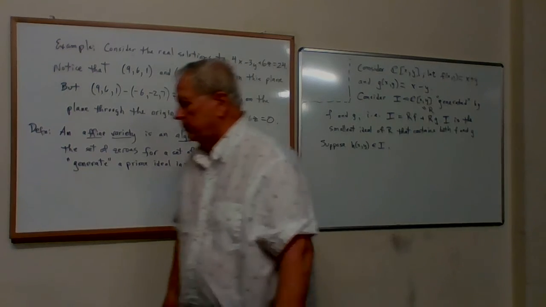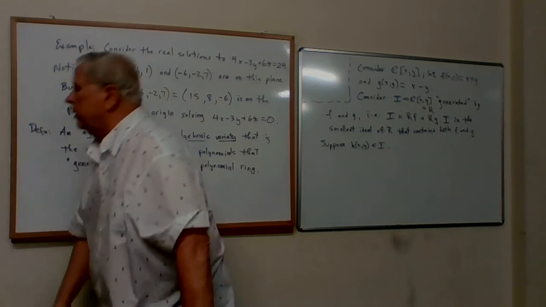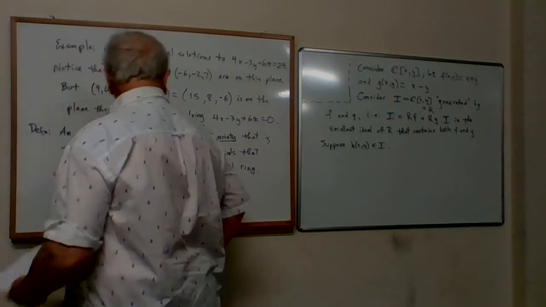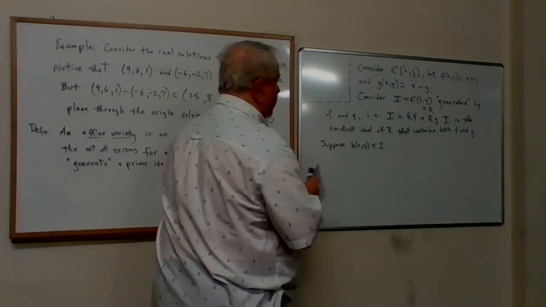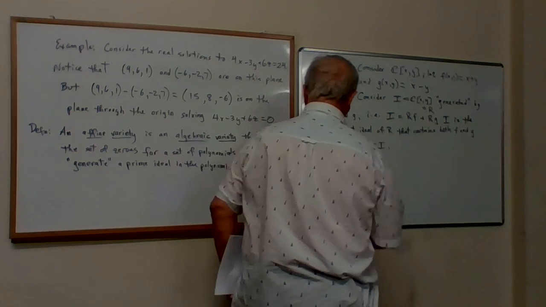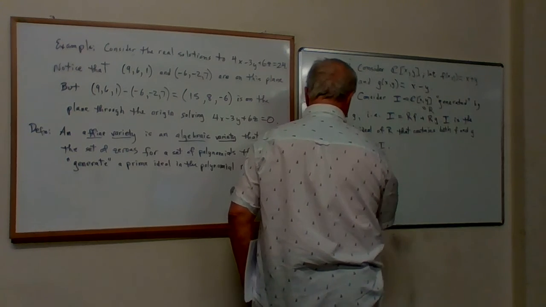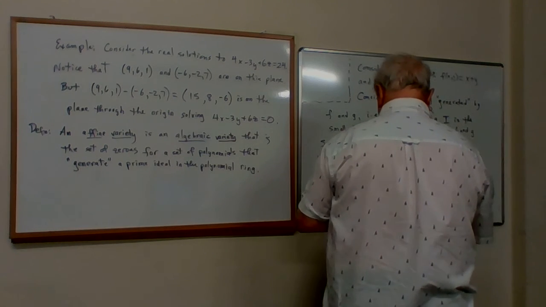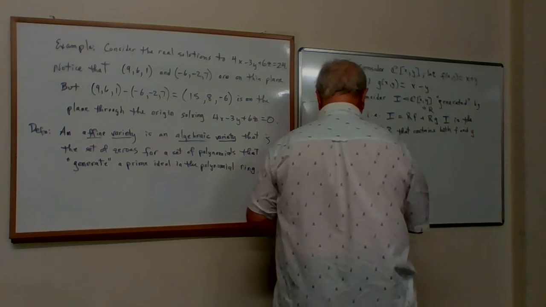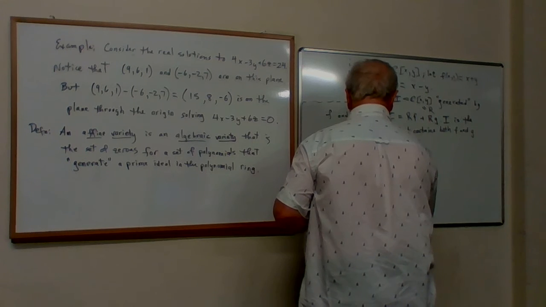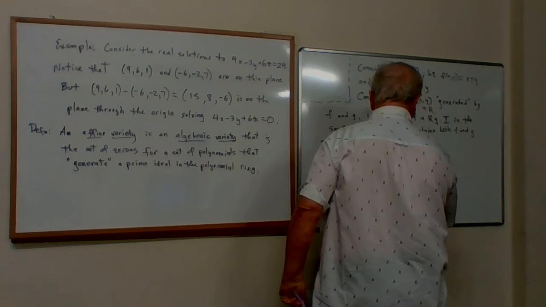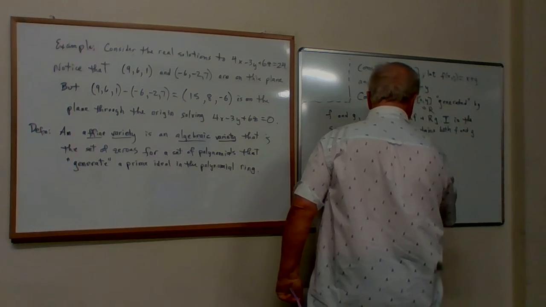Now, let's describe what I mean by an ideal generated by certain elements. So let R be a ring, and let I be an ideal of the ring.